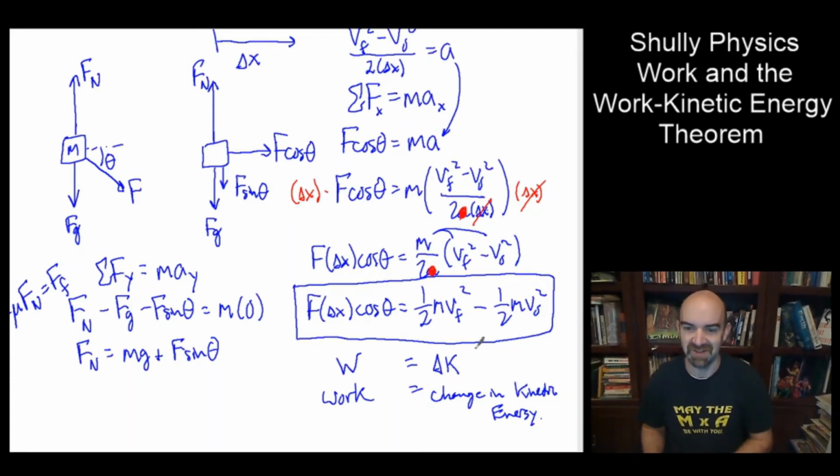What's going on? Well, first off, let's talk about work, because that's what this whole lesson is about. We've got this force times displacement cosine theta. What kind of quantities exactly are force and displacement? They're vectors. Do you remember that? Force has a direction. Displacement has a direction.